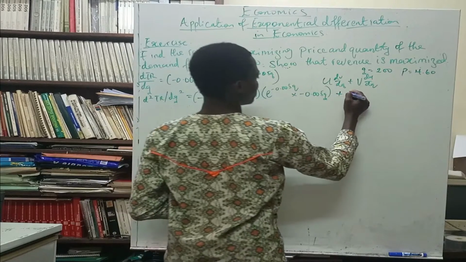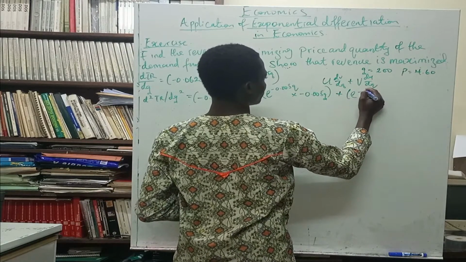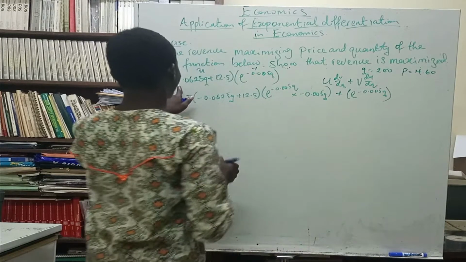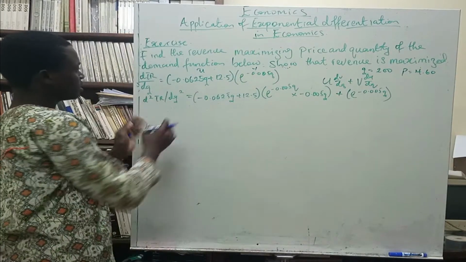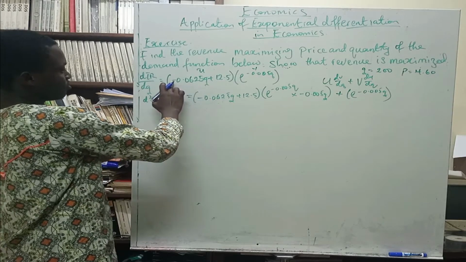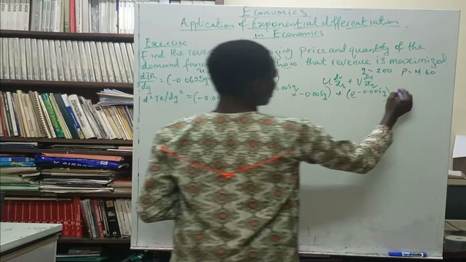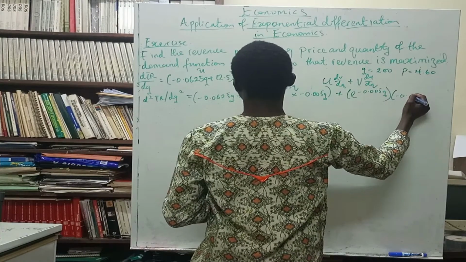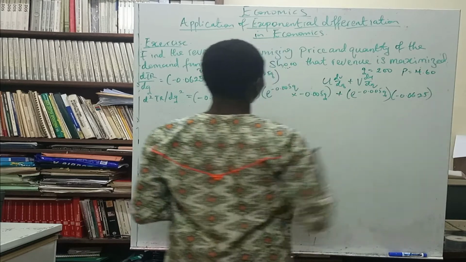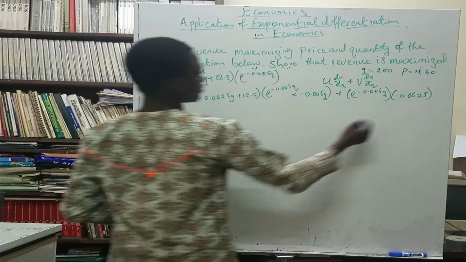V is e raised to power minus 0.005 Q. Then when we differentiate this with respect to Q, the constant disappears, and Q disappears, so we have minus 0.0625 left.